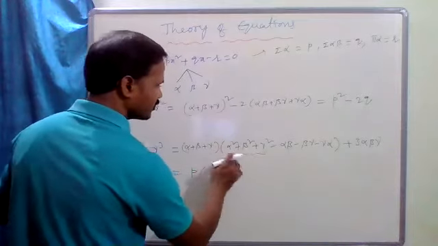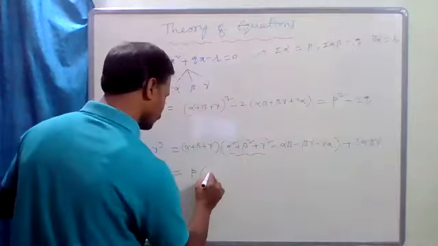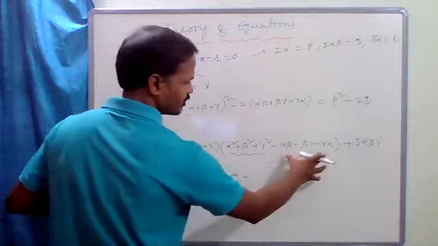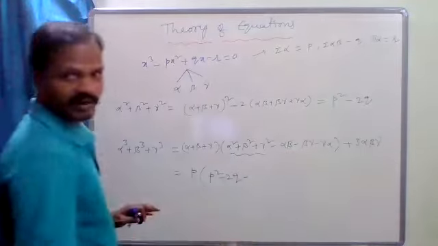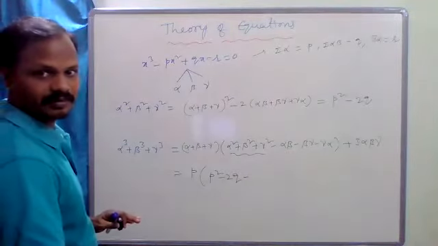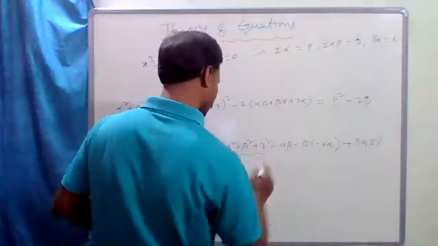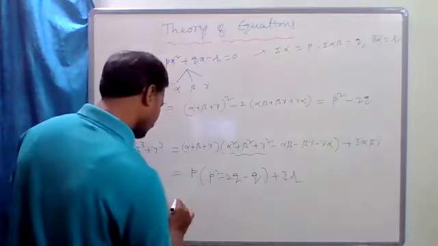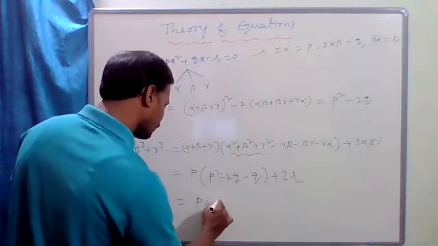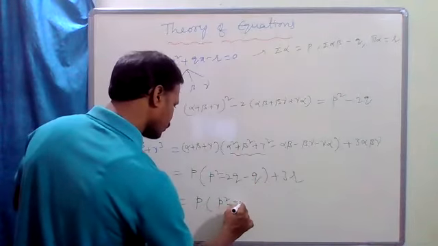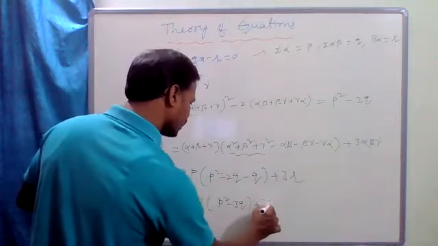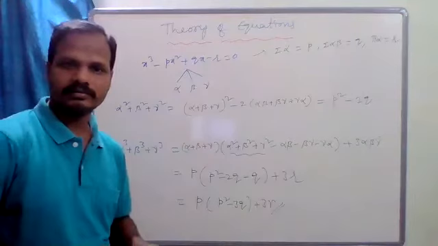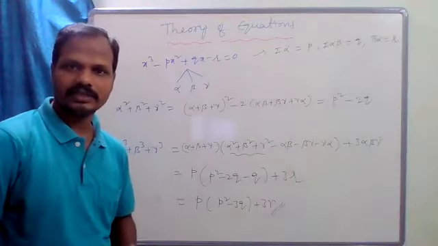Now this part is p square minus 2q, minus (alpha beta plus beta gamma plus gamma alpha), which is q, plus 3r. So this is equal to p into (p square minus 3q) plus 3r. Clear? Is it clear to everybody?